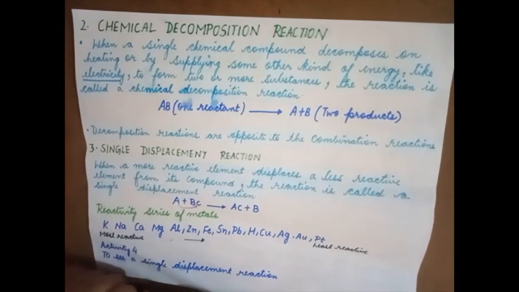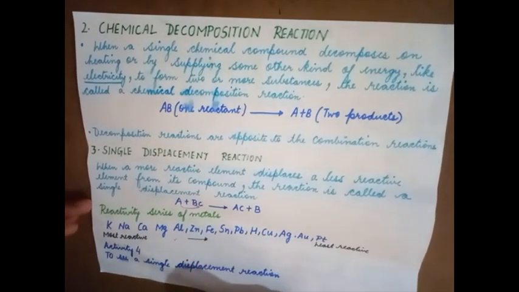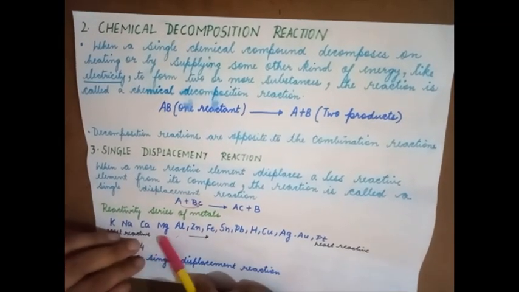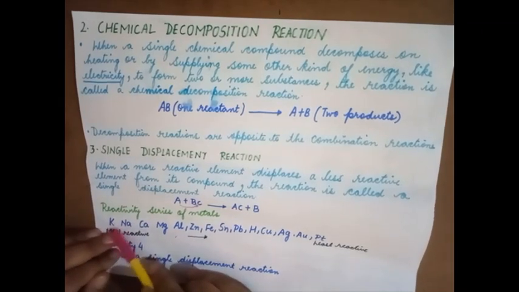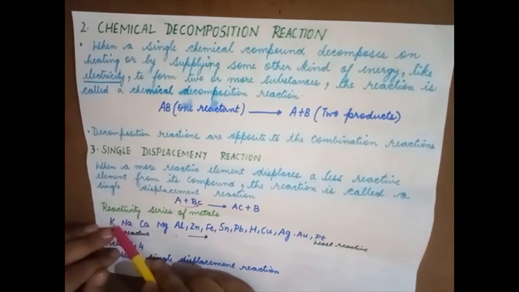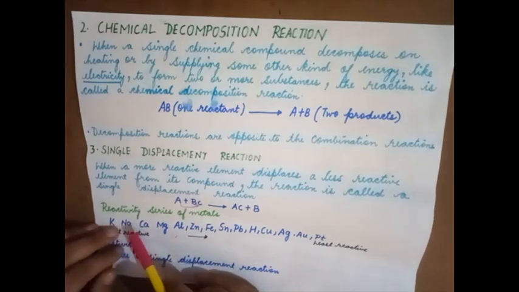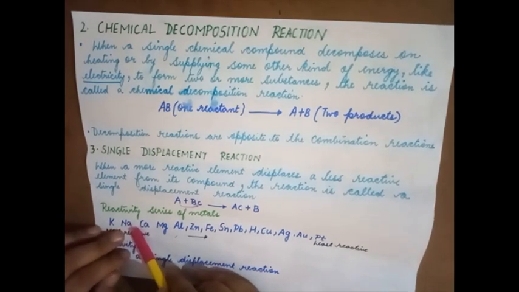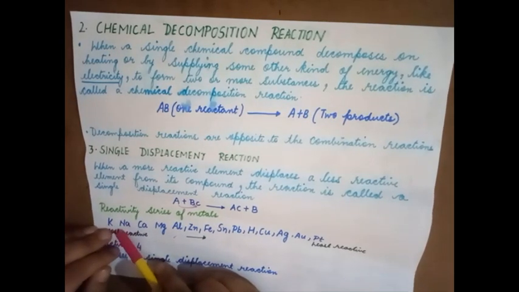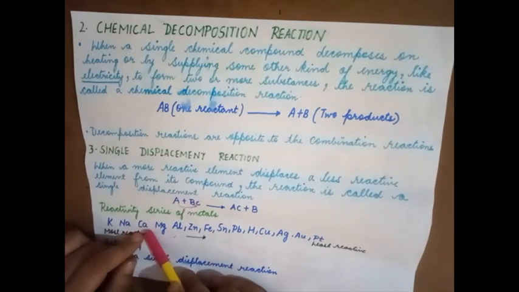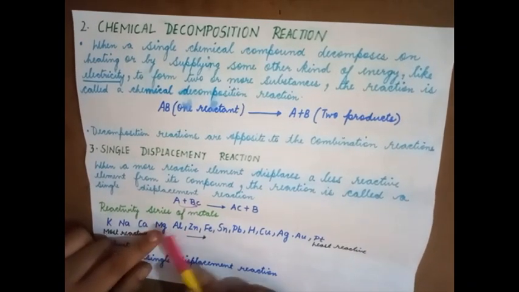Now, reactivity series of metals. Based on how reactive a particular metal is, we have arranged them. K means potassium. Potassium is very reactive. Na is sodium. This is also reactive, but it is less reactive when compared to potassium. Then we have calcium, Ca. Mg is magnesium.